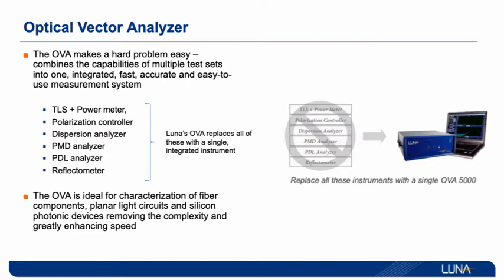You need to build upon that. So in addition, you can add some polarization control, some polarization analysis. You might need to measure phase at some point, etc. The point of this graphic is that the OVA really removes a lot of this complexity by integrating all of this test capability into a single instrument.